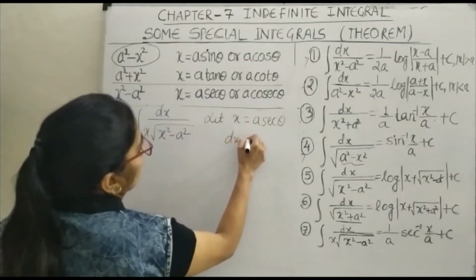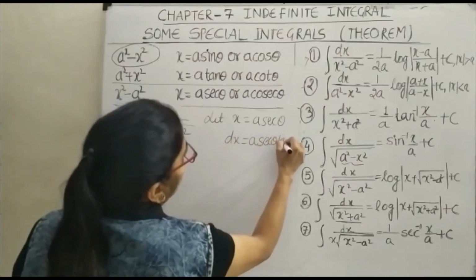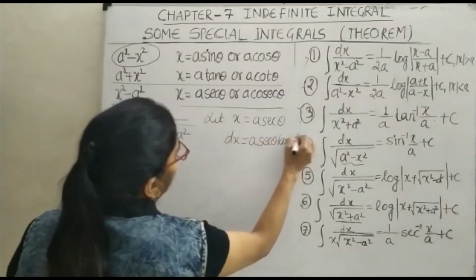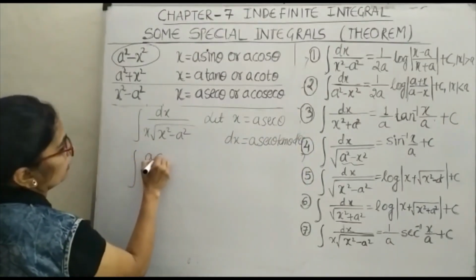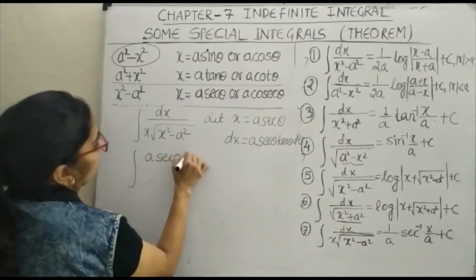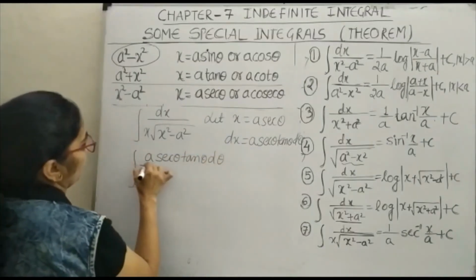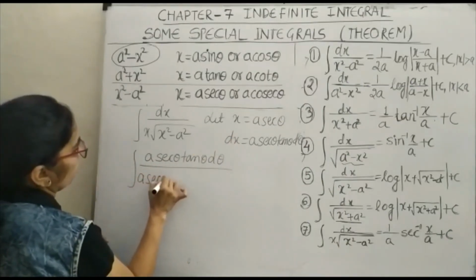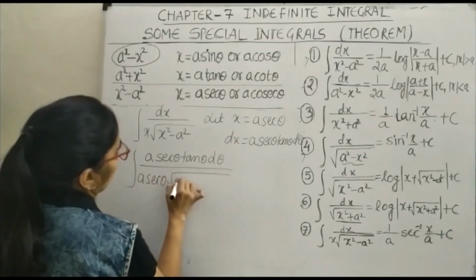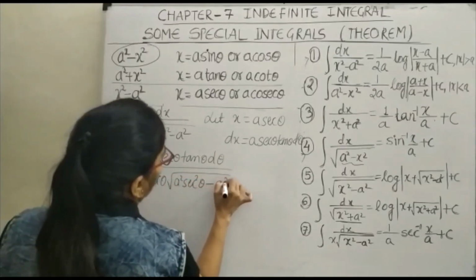Your dx is equal to a sec theta, tan theta and d theta. So this is equal to a sec theta, tan theta, d theta, right? Upon, what is x? A sec theta. Here a square sec square theta minus a square.